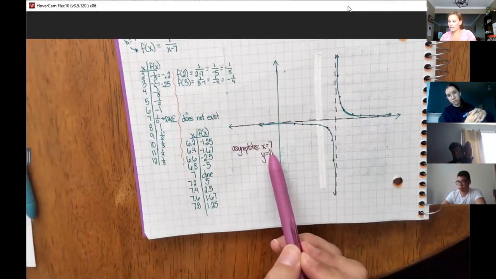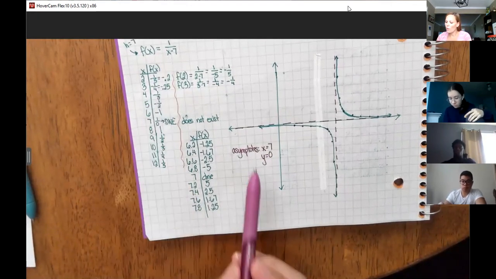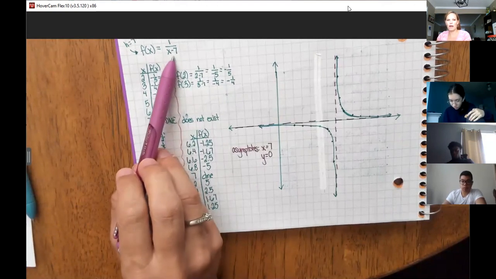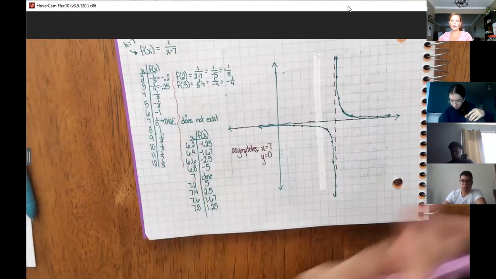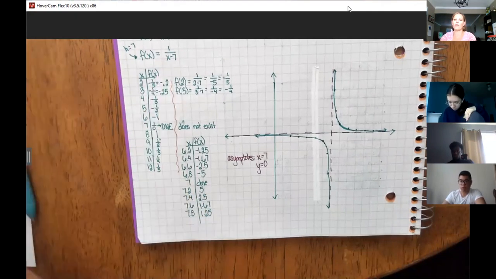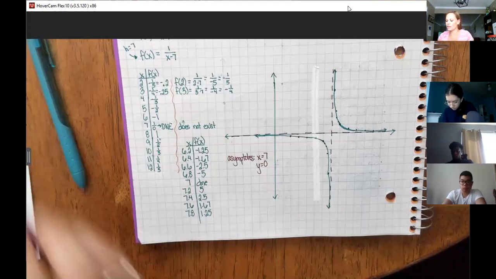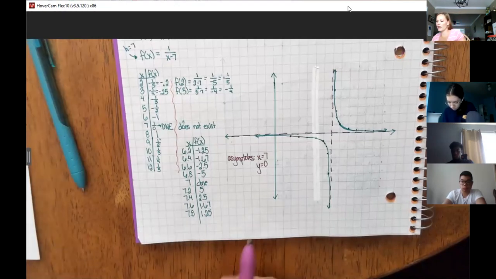Again, x can't be 7 because if we plug in 7, we divide by 0. And y can't be 0 because 1 divided by a number will never give us 0. We'll learn more about this graph later on. We're just investigating it.